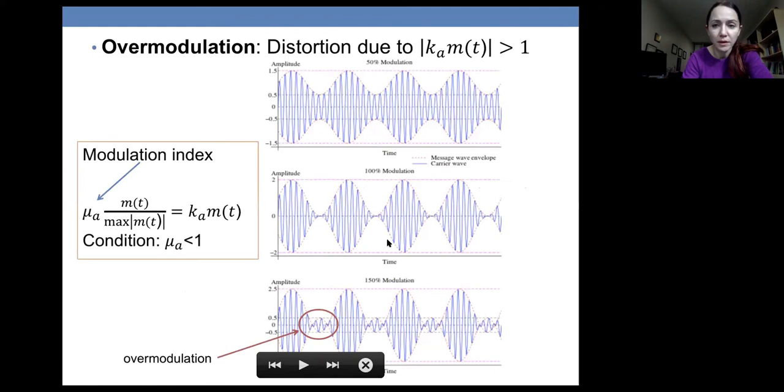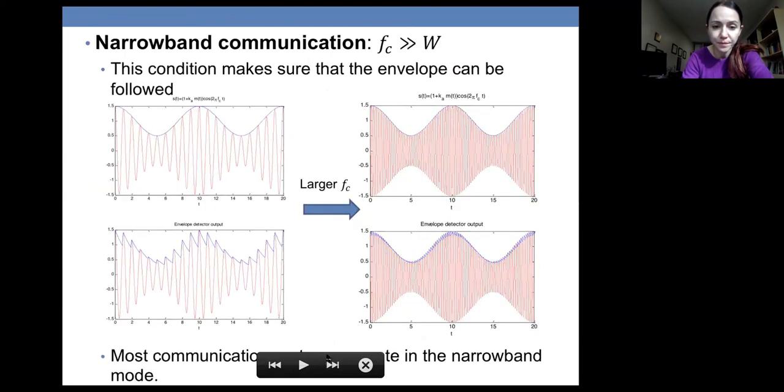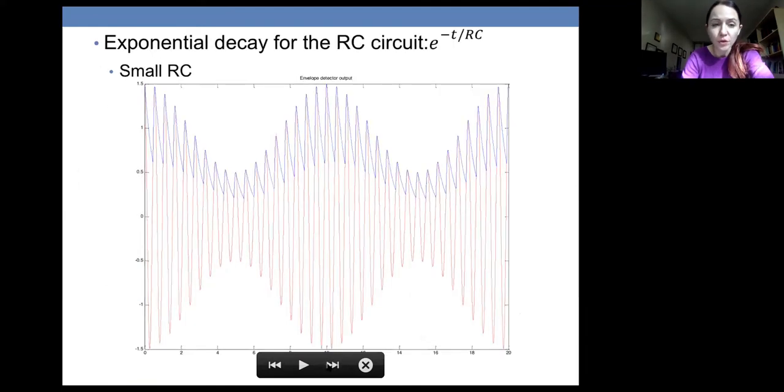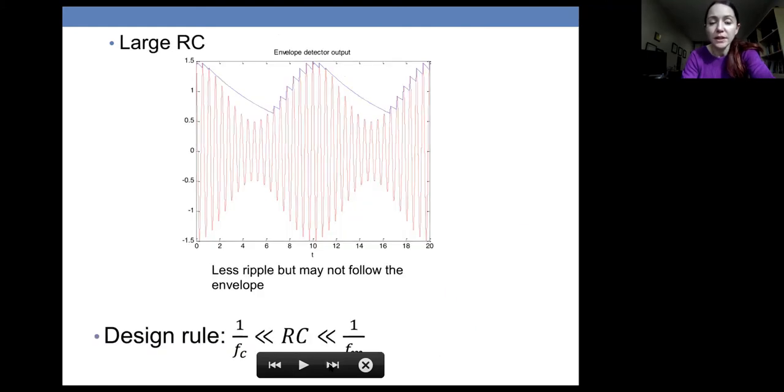Let me switch to this slide. So when RC is small, the decay is quite fast, because the time constant is small. When RC is too large, the decay is slow.